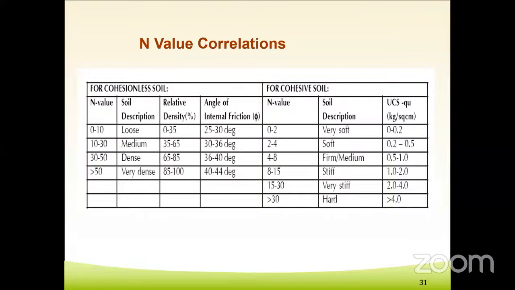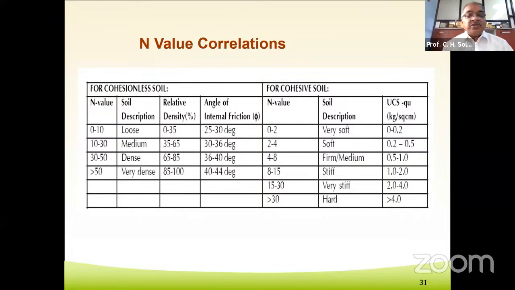Okay, sir. Fine. Here the slide shows the N value correlations. For cohesionless soils, the N value has been kept in the range of 0 to 50 or more than 50. Whereas for cohesive soils, the N value has been presented for the different soils.